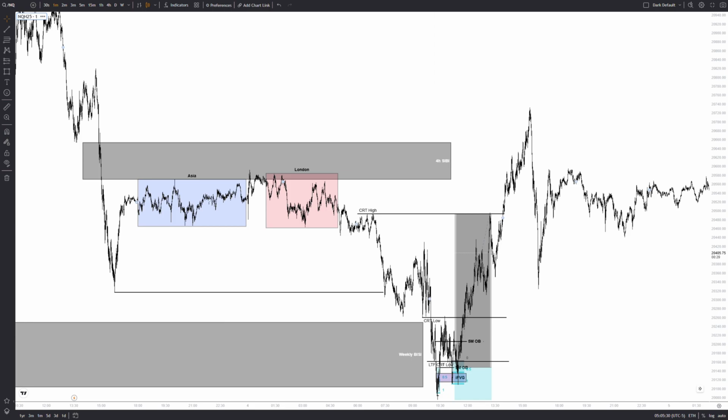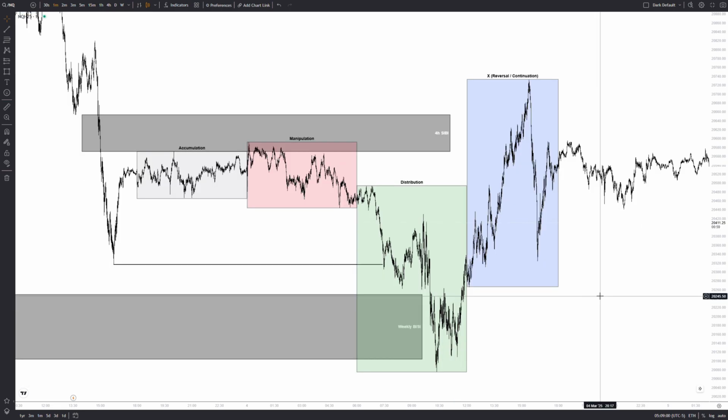Now, I also want to share another image with you. So this is our power of three, or our AMDX.